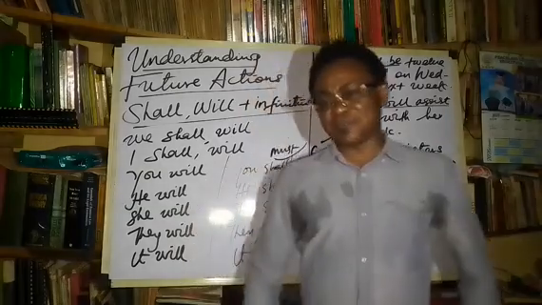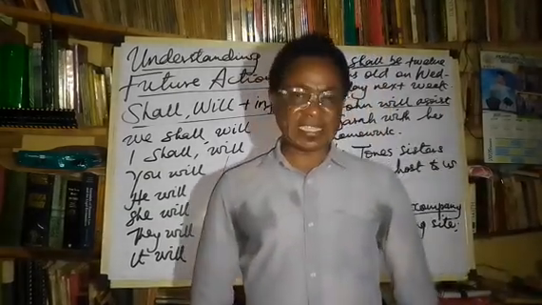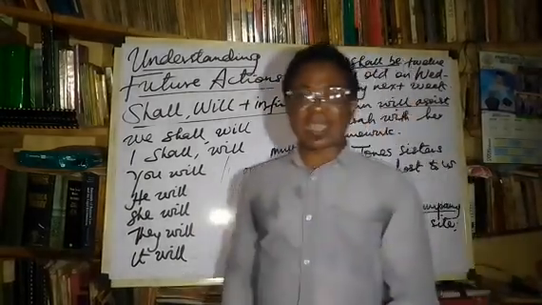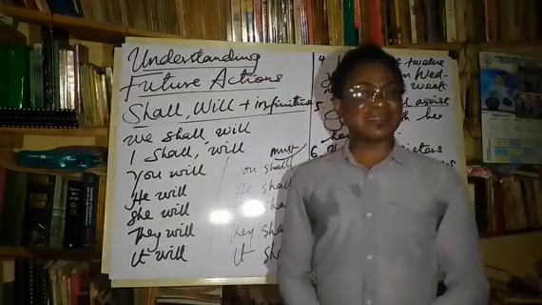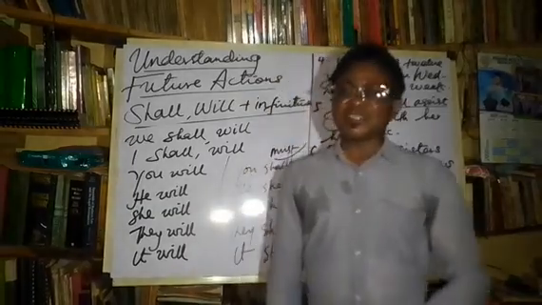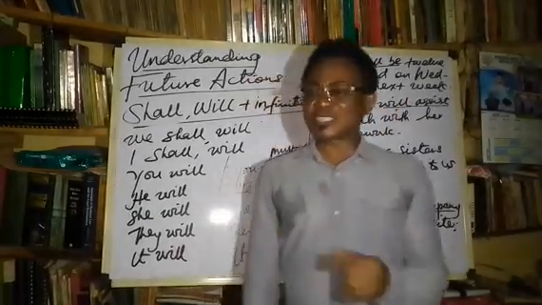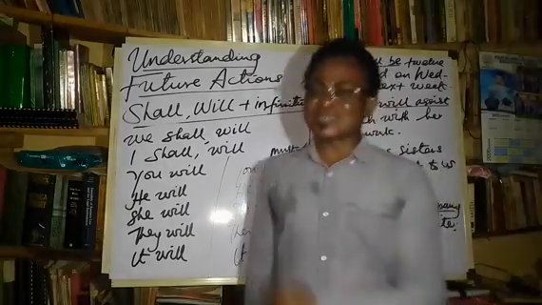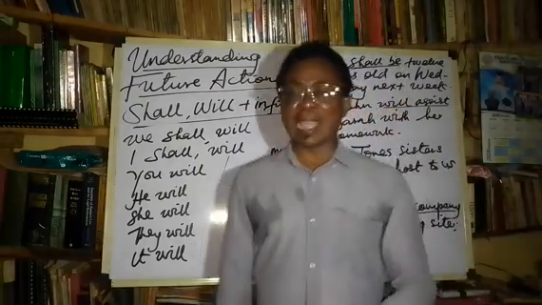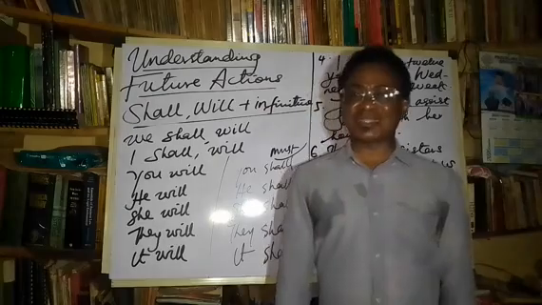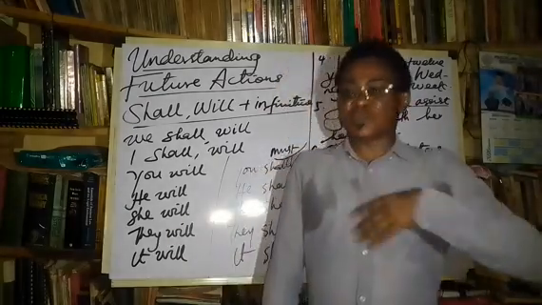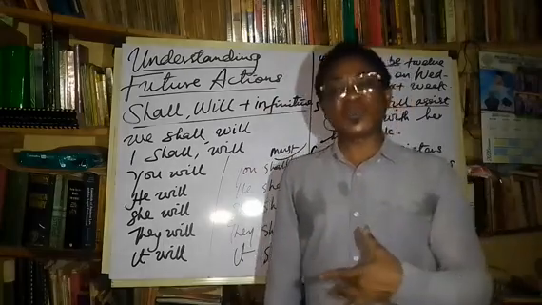A father, for instance, referring to a son or daughter who is trying to decline going to school for a particular reason, says, she's been dilly-dallying, or she's been delaying, she's been reluctant getting prepared for school this morning. Whatever is the reason, I want to tell her, she shall go to school today. She shall. The man means she must go to school because I have the authority, the power to force her to do so if it becomes necessary.